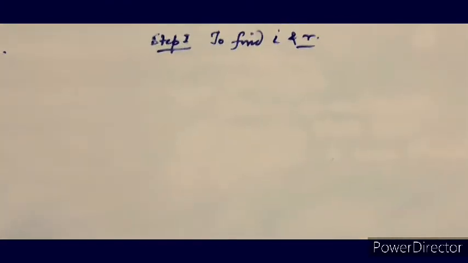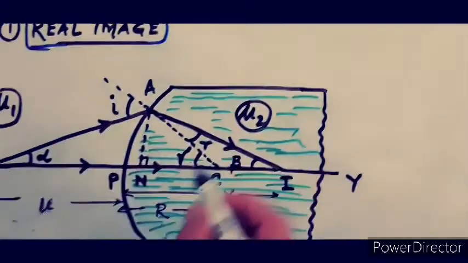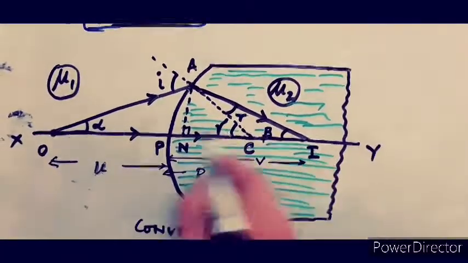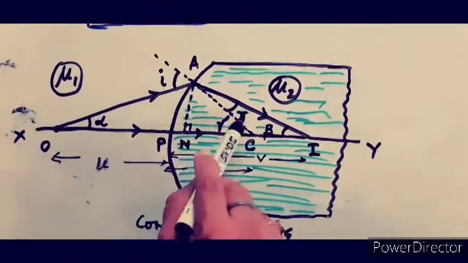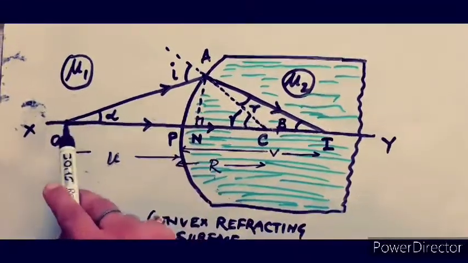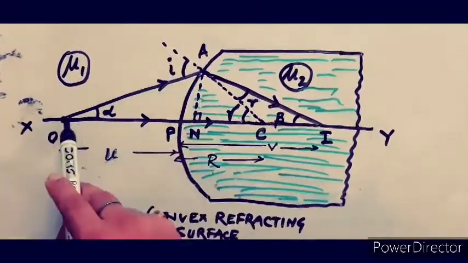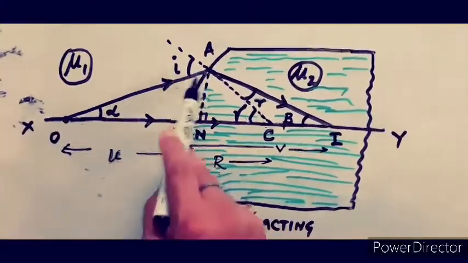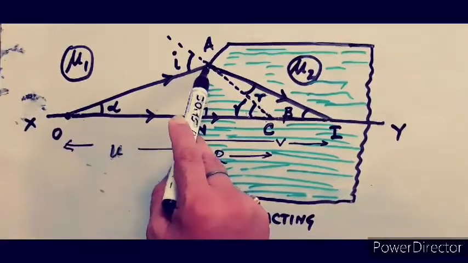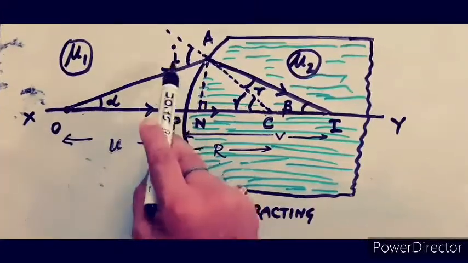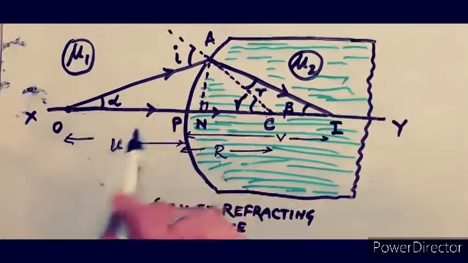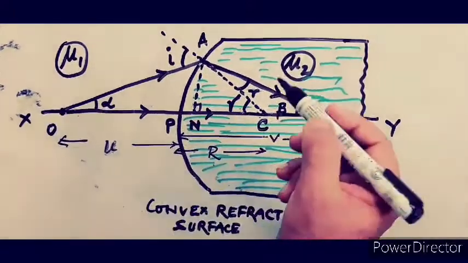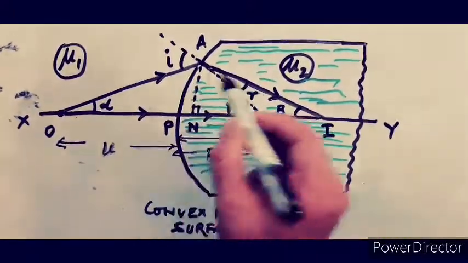Angle i and angle r. So how to find this angle i and angle r? First we have to see where is the angle i and where is the angle r. This is i and this is r. If we are talking about this particular triangle AOC, the angle i is equal to alpha plus gamma. Say yes or no. You have already gone through the exterior angle theorem in the junior classes.